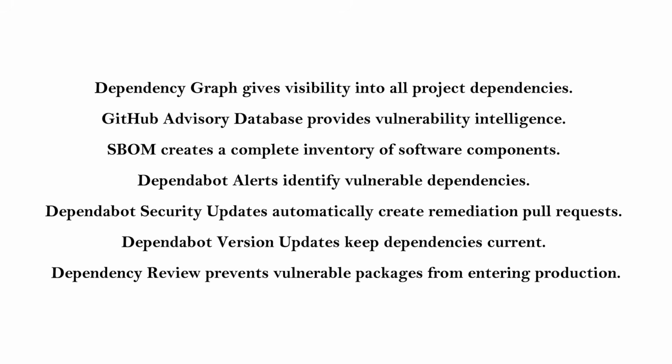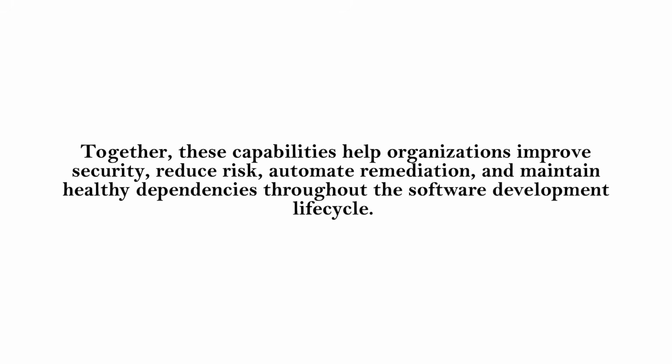Dependabot security updates automatically create remediation pull requests. Dependabot version updates keep dependencies current. Dependency review prevents vulnerable packages from entering production. Together, these capabilities help organizations improve security, reduce risk, automate remediation, and maintain healthy dependencies throughout the software development lifecycle.